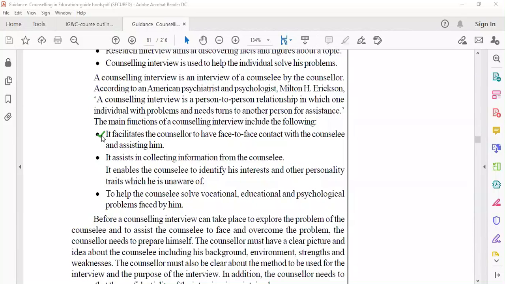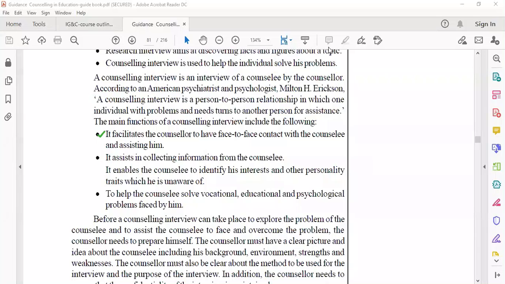Means the question arises from the answer. The teacher then explores and tries to dig out in-depth information from the student through the semi-structured interview. Usually in a guidance and counseling setting, the semi-structured interview model is applied, and that gives a teacher a lot of information to understand the problem of his or her students.